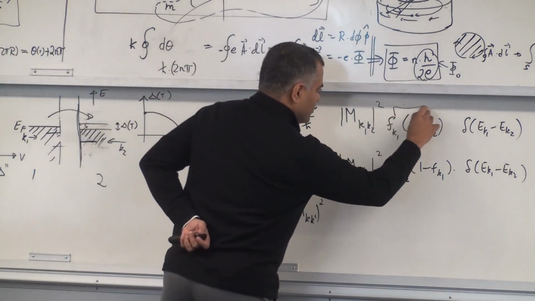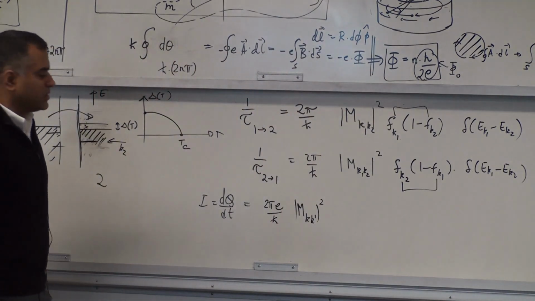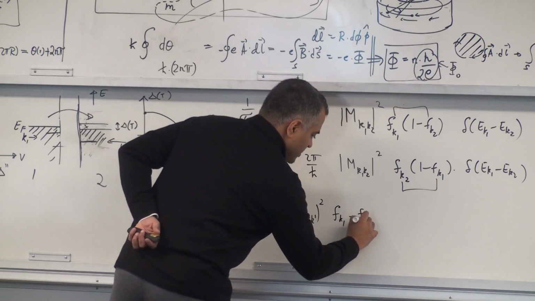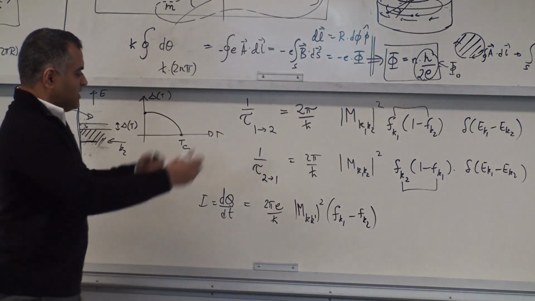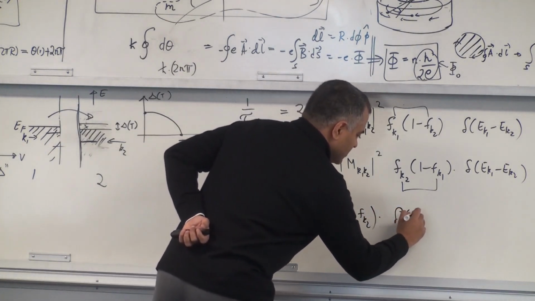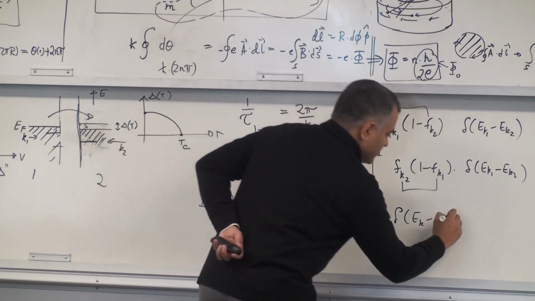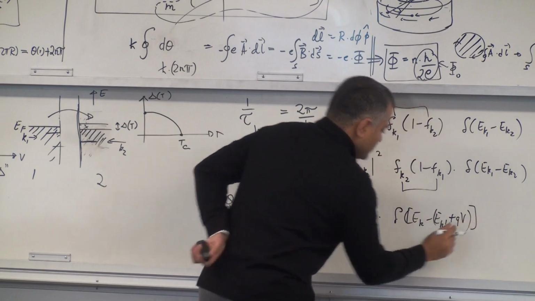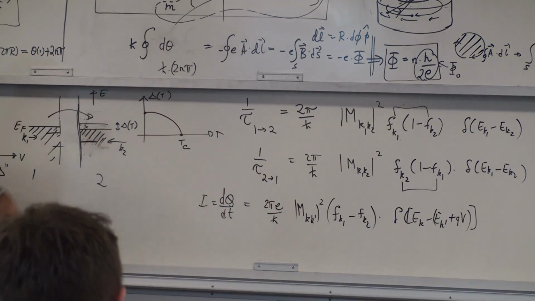And you can see that the products will cancel again. I think you have seen that before also in Boltzmann transport. What survives is the difference of the occupation functions on the two sides, obviously, because that's what will allow for such things. And then what you end up getting here is, let me just write it this way, plus Q times V. So on one of the sides, the potential is shifted by the voltage.